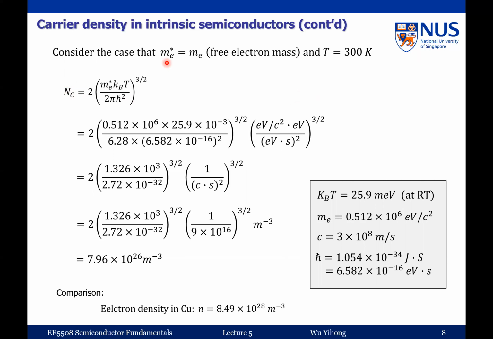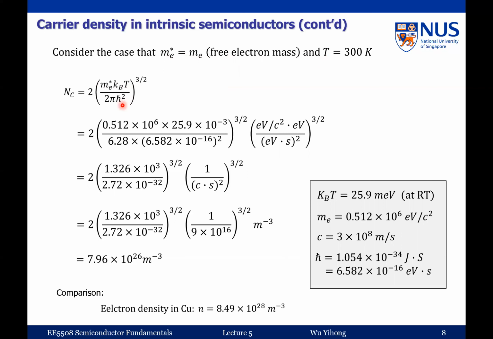The electron effective mass depends on the semiconductor, so different semiconductors have different electron effective masses. But roughly it is maybe a little bit less than the free electron mass, and will not be too far away from it. That's why we just assume that this is equal to the free electron mass, and also assume that the temperature is room temperature. Okay, and then we just substitute in.